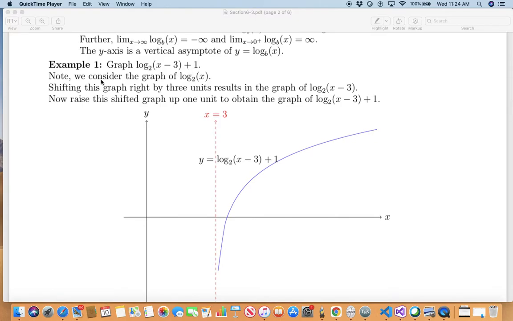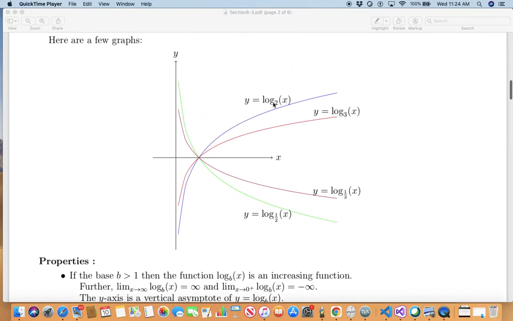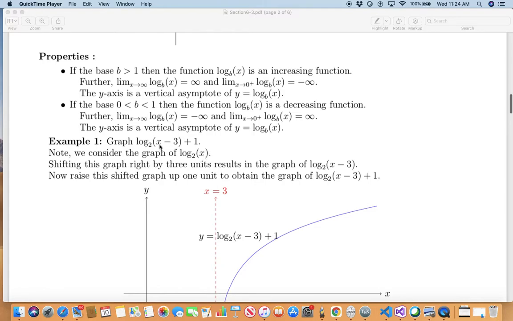What do we do? First, consider the graph of log base 2 of x. Then, for x minus 3, shift this graph right by 3 units to get log base 2 of (x minus 3).